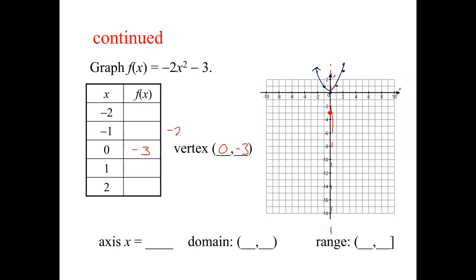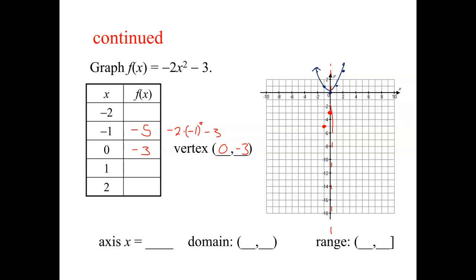So I've got -2 times -1 squared minus 3. What am I going to do first? So what's -1 squared? 1 times -2 minus 3. Okay, -5. So now I have the point -1, -5.